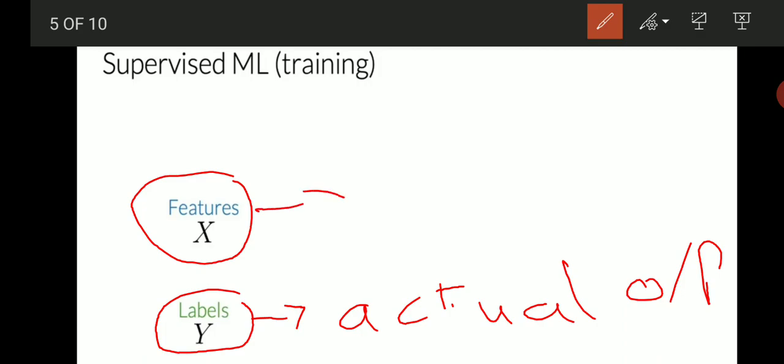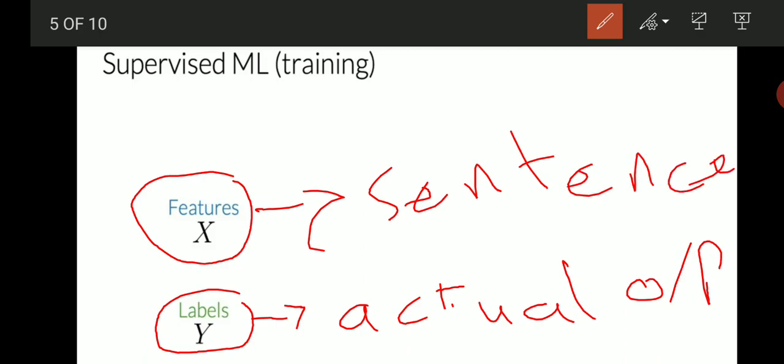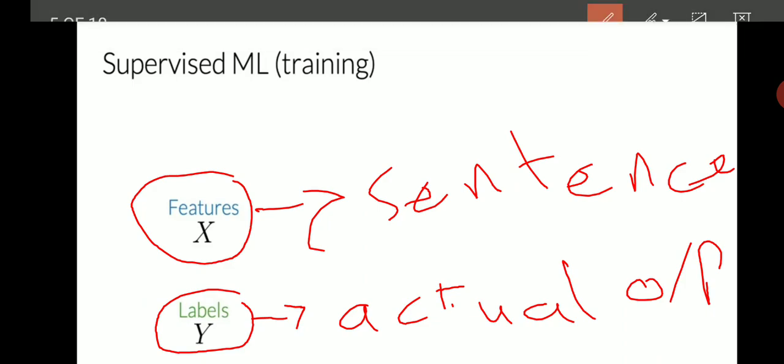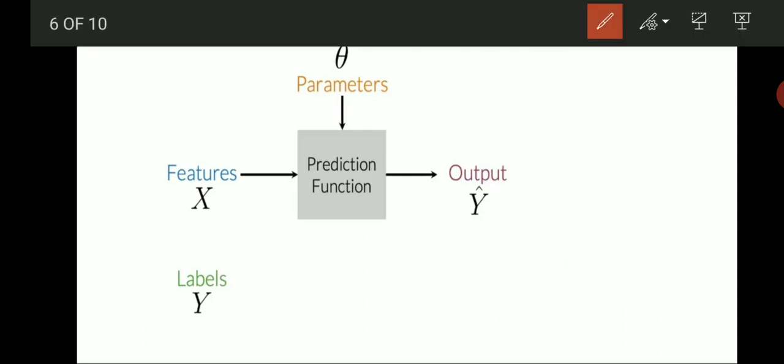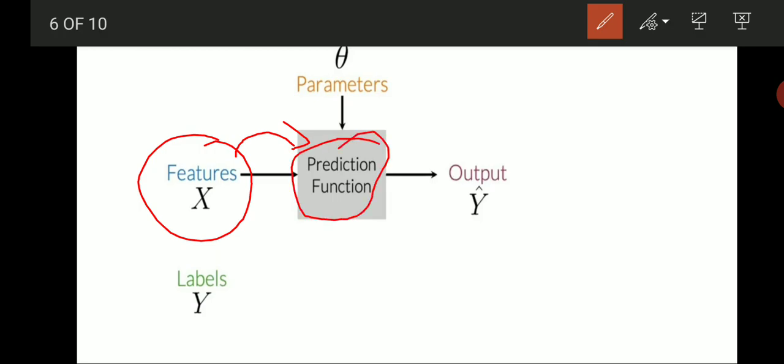So the X is considered as sentences, or a sentence, in this problem. Okay, it's the input to the model. After inputting the X or features, it enters something called the prediction function.